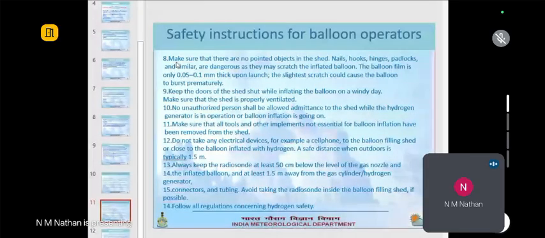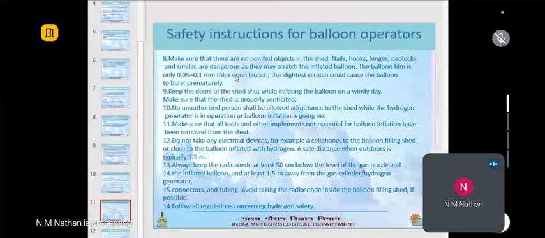For example, make sure that there are no pointed objects inside the shed. Nails, hooks, hangers, padlocks, or similar items are dangerous as they can scratch the inflated balloon. The balloon film is only 0.05 to 0.1 mm thick upon launch. The slightest scratch could cause the balloon to burst prematurely.